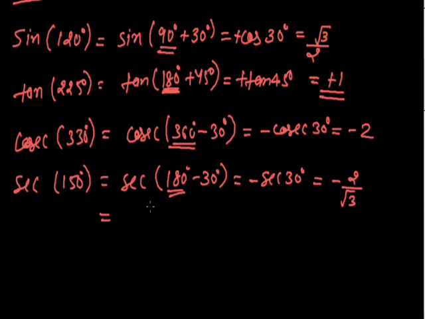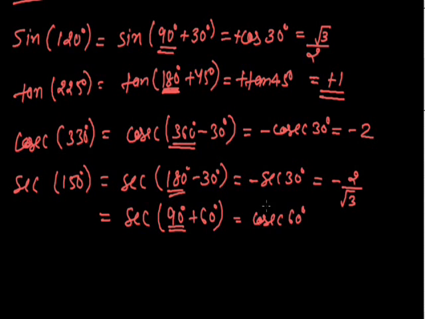We can also find the value by another method. If we write it as sec 90 plus 60, then as 90 is an odd multiple of 90, we have cosec 60, and the angle is falling in second quadrant, so it would be negative, and we would have minus 2 by root 3, the same value from both the methods.